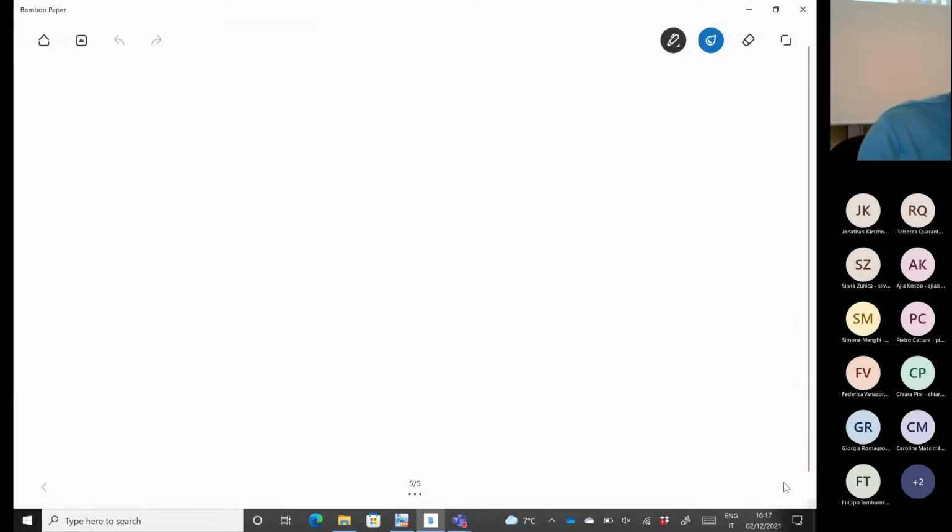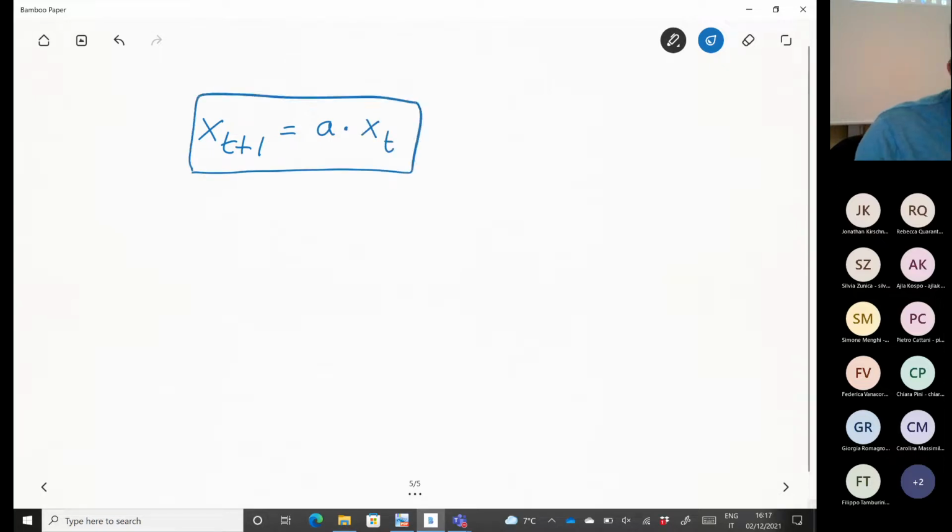because writing down the equation in a slightly different way, here we have x(t+1) is equal to a times x(t). This is the law of motion, the law that governs the evolution of the variable, given that we have a certain level x0 at time 0, okay?